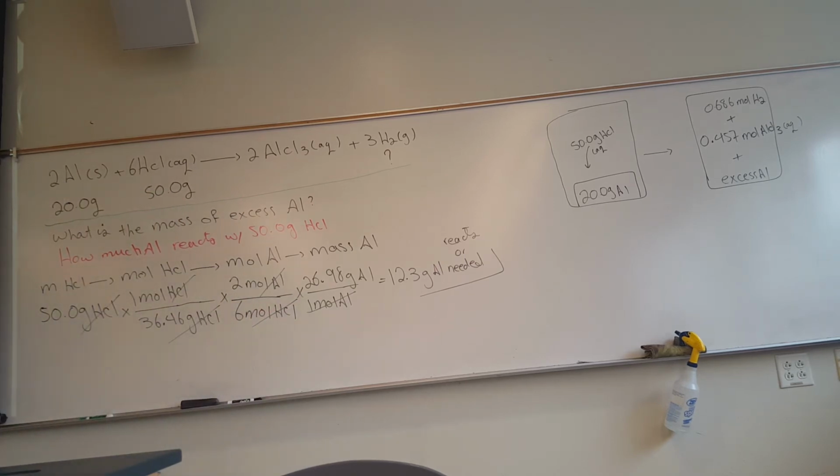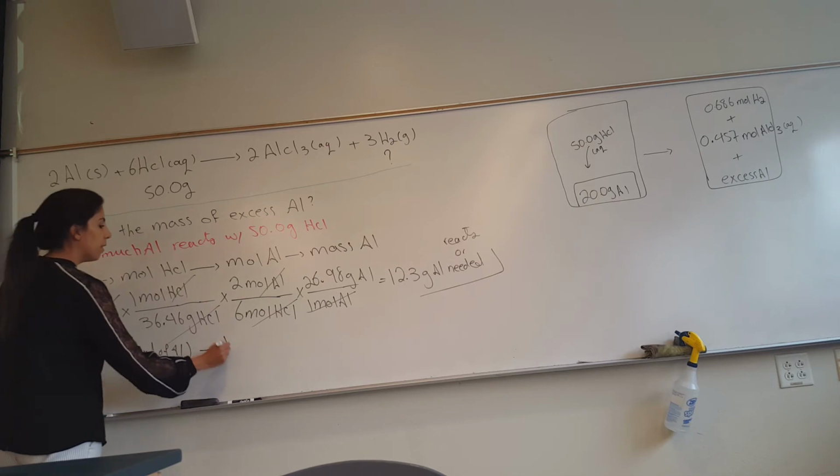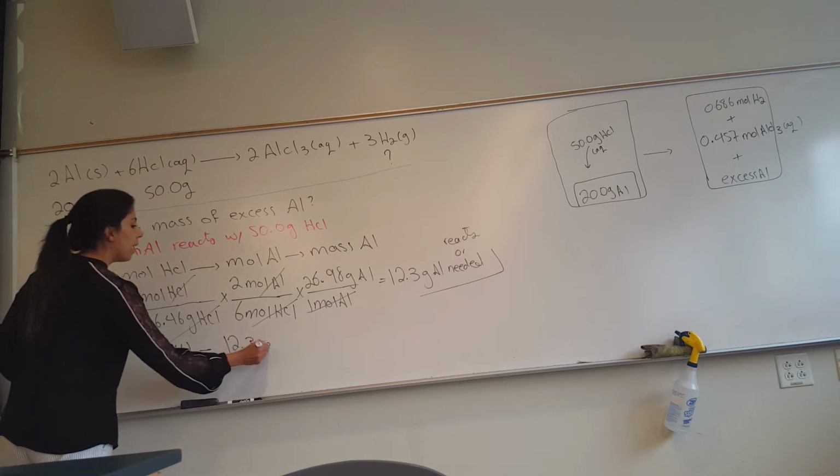Does this make sense so far? Yes. Now, all I need is 12.3 grams, but what I'm given is 20 grams. So we should be able to find the excess aluminum. So 20 grams, which is your initial amount of aluminum, you subtract the 12.3 that reacted.